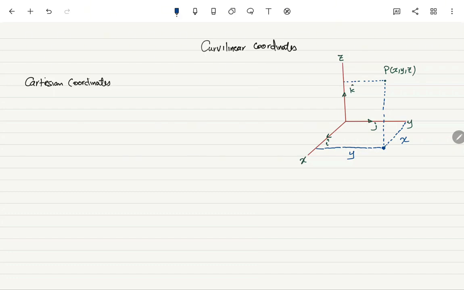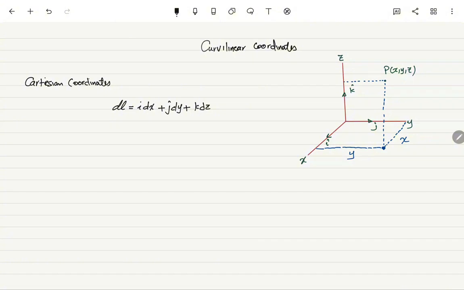Therefore, the total differential length dl is given by this relation: dl equals i hat dx plus j hat dy plus k hat dz.